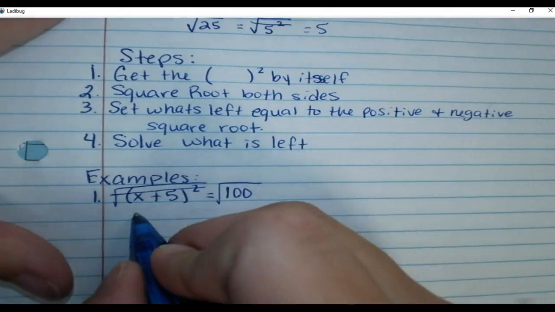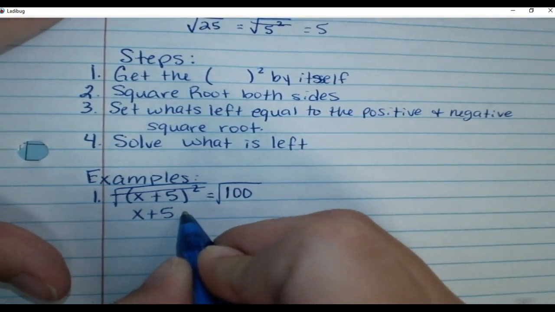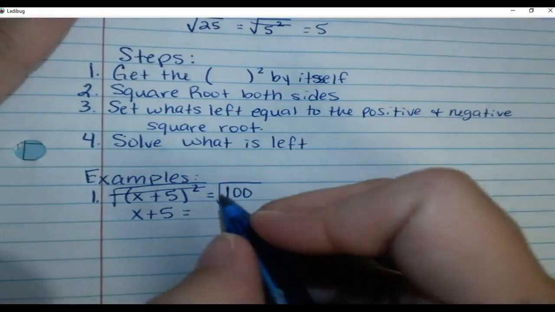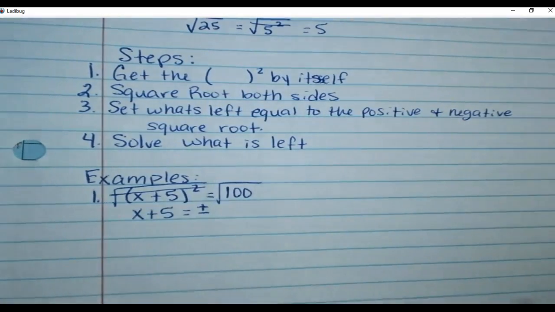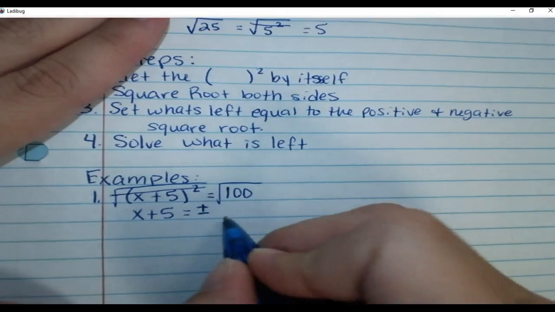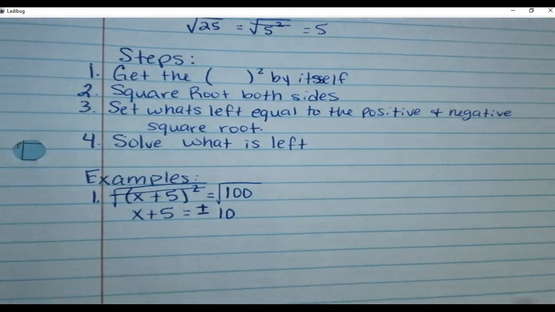So then I have x plus 5 equals. Okay, so that square root is gone, and the square is gone. Now I'm looking at that 100. Well, I know I have to do the positive and the negative, so plus or minus 10. Very good. So the square root of 100 is 10.